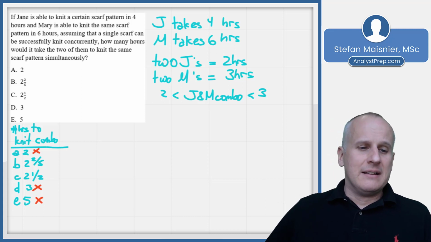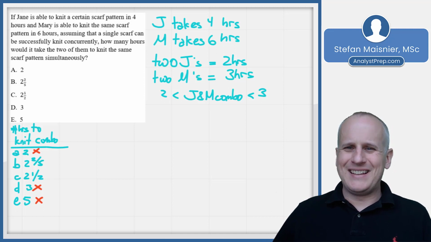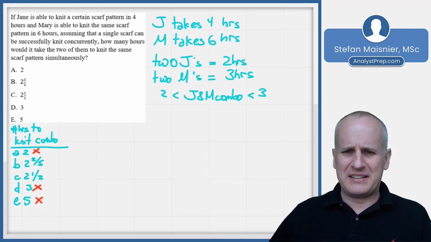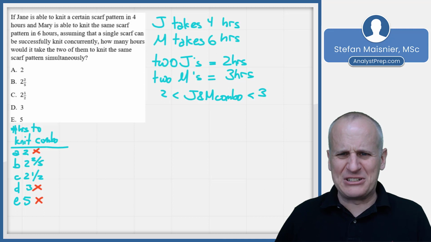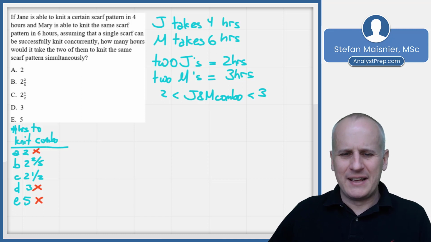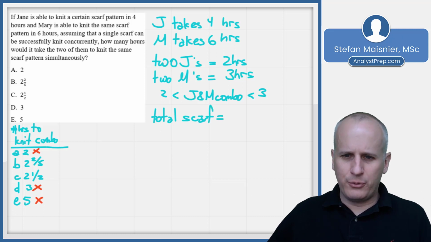Now, let's think about this with a little bit more detail in the model. Let's say, we'll say that it's just an easy value that we can take as like the square feet. I'm not entirely sure how a scarf works, but in terms of measuring it, let's say that a total scarf is equal to, we'll go with 24 square yards.